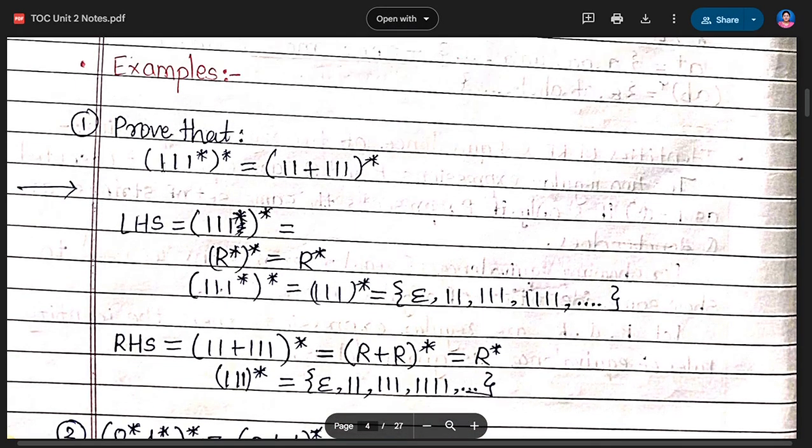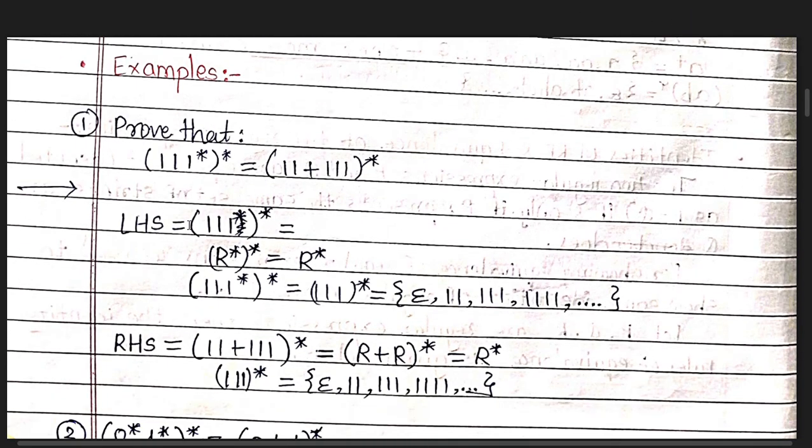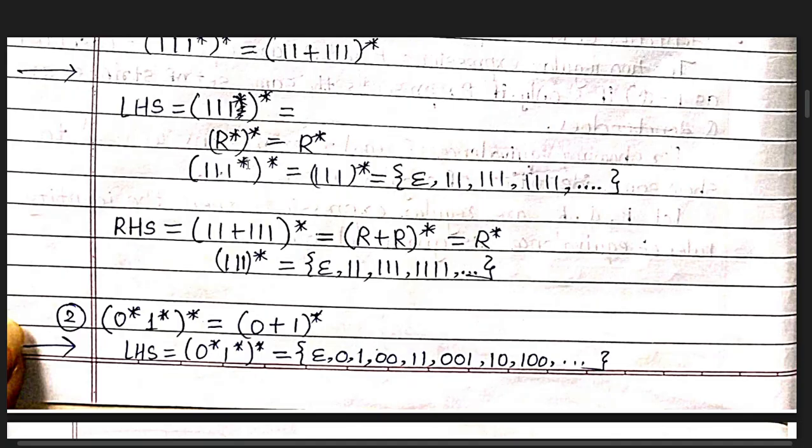Now, what is (111 star) whole bracket star? We can also write it like R star, that is, (triple one star) in bracket star. We can also write it as only triple one star.